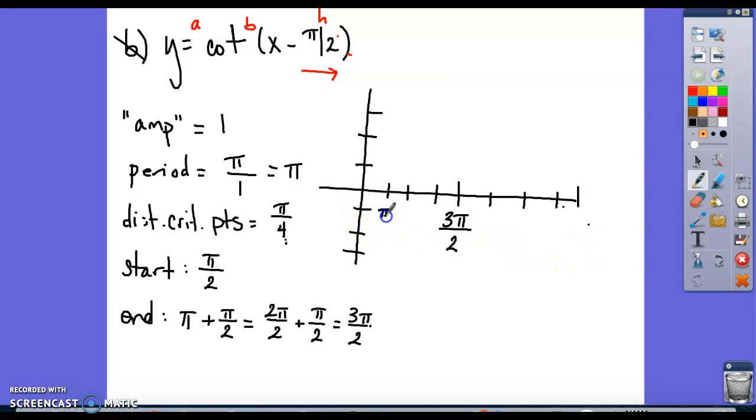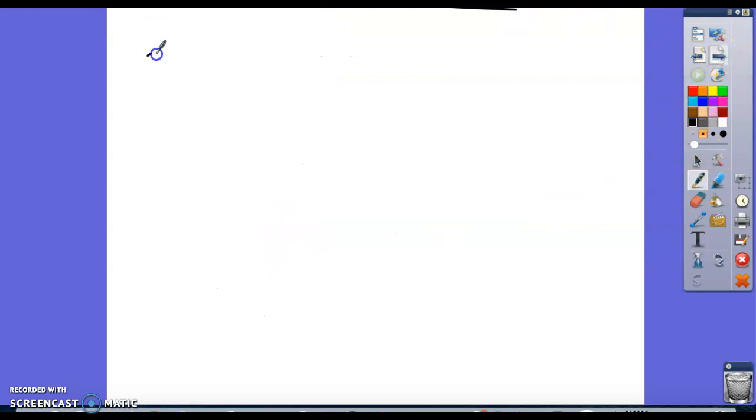I am starting at pi over 2, and the distance between my critical points is pi over 4. Okay, so now it's not quite as easy. So pi over 2 plus pi over 4. So I have 2 pi over 4 plus pi over 4 is 3 pi over 4.